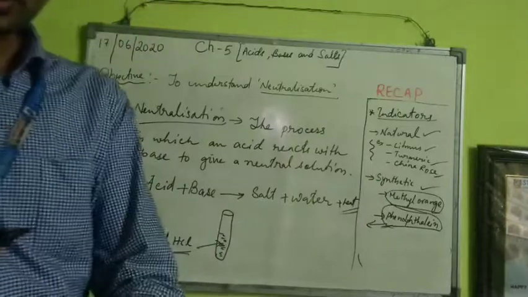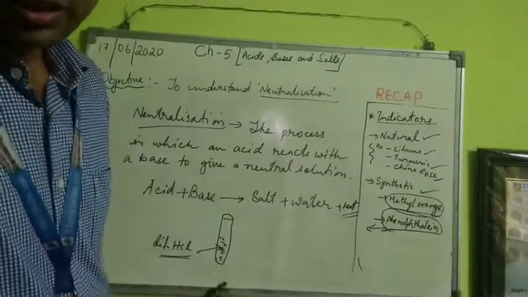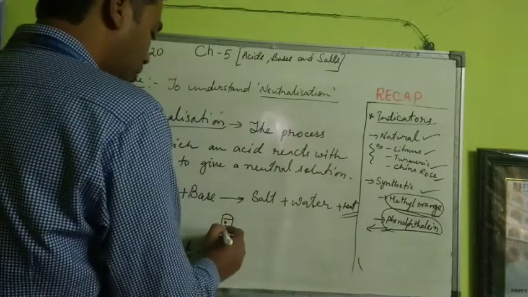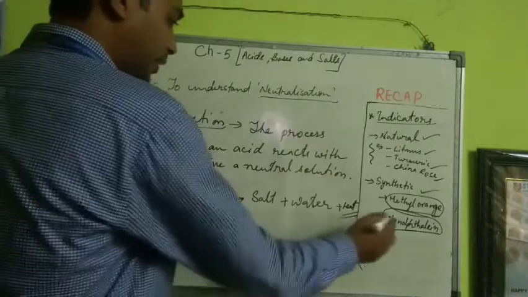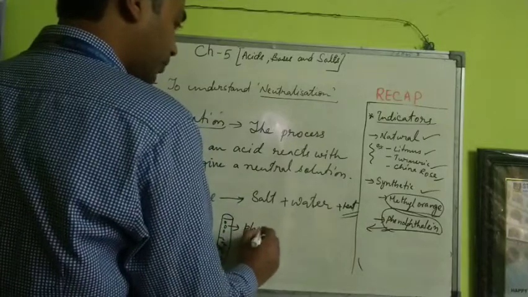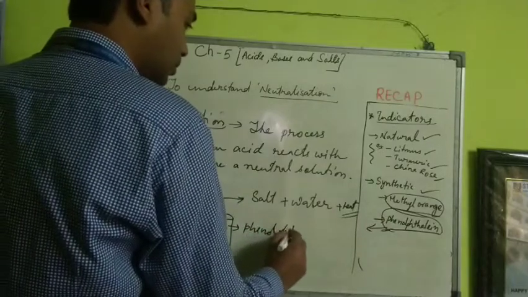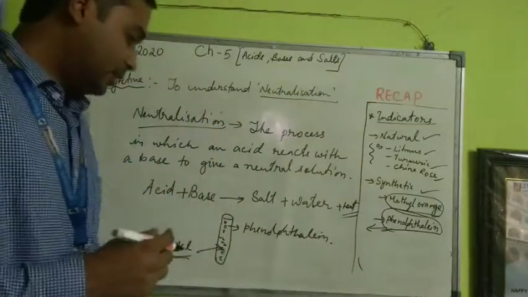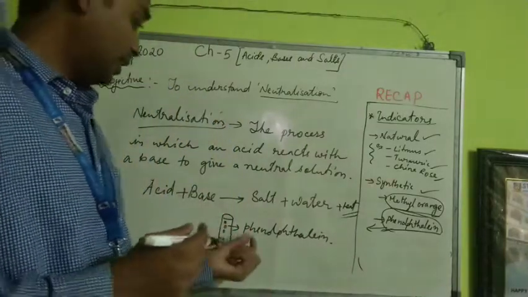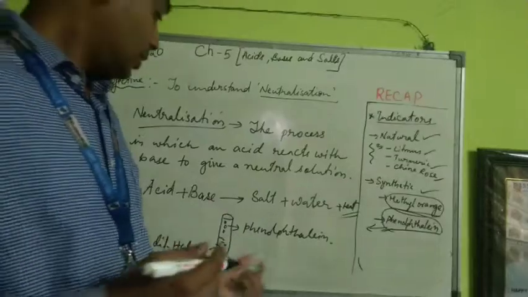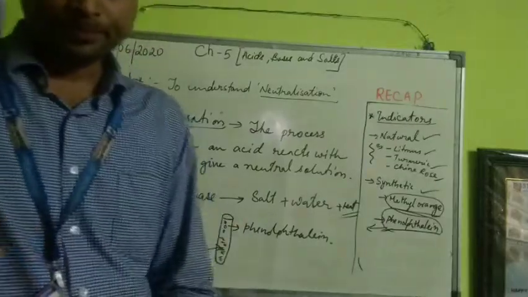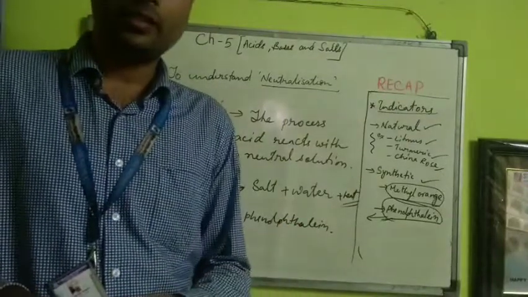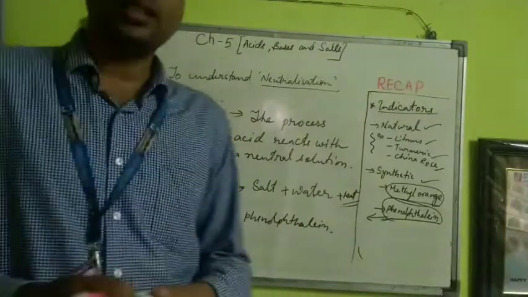Now we have to add 2 to 3 drops of indicator. Which indicator? Phenolphthalein. So when we add the indicator, the solution still remains what? Colorless, because we know phenolphthalein, when it comes in contact with an acid, remains colorless.